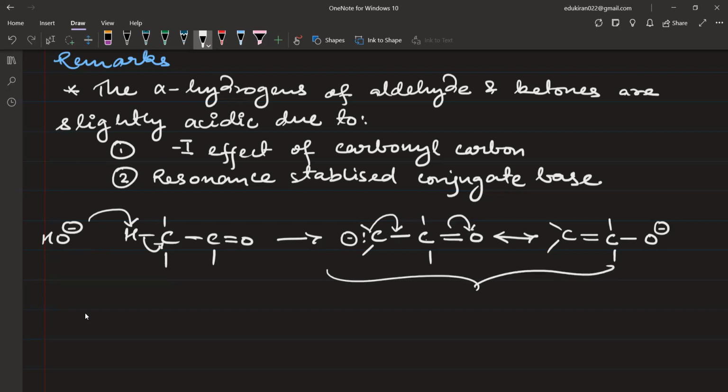So as you can see, this conjugate base is resonance stabilized. That is why the hydrogen is slightly acidic. And because of this acidic hydrogen, it shows aldol condensation.